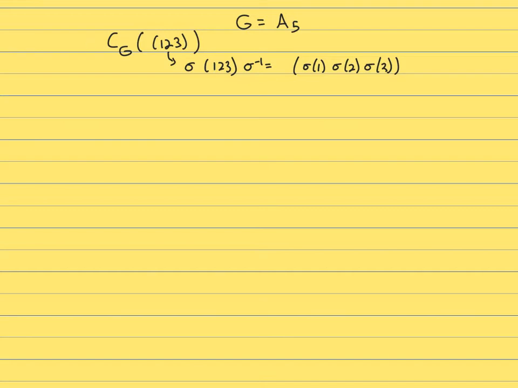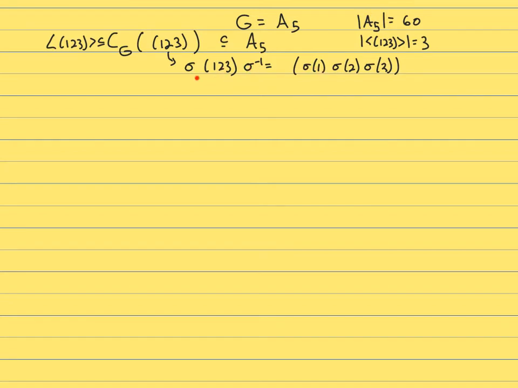We know that the centralizer contains the subgroup generated by the 3-cycle, and we also know it's contained in all of A5, and A5 has order 60, and the cyclic subgroup generated by the 3-cycle is order 3. So, ignoring the fact that this permutation has to be in the alternating group, just look at this permutation.